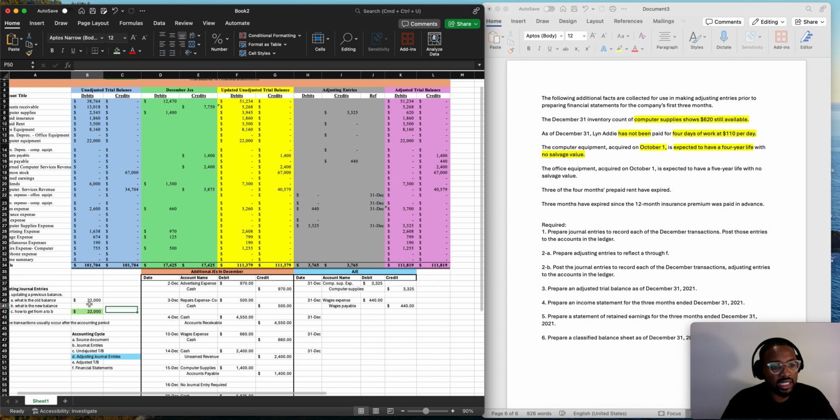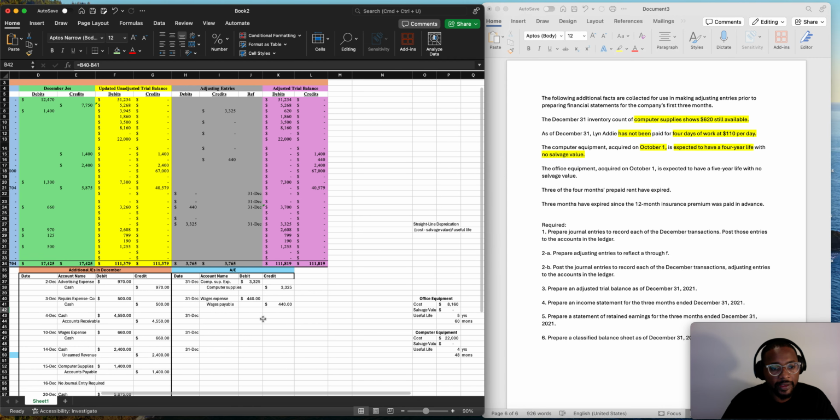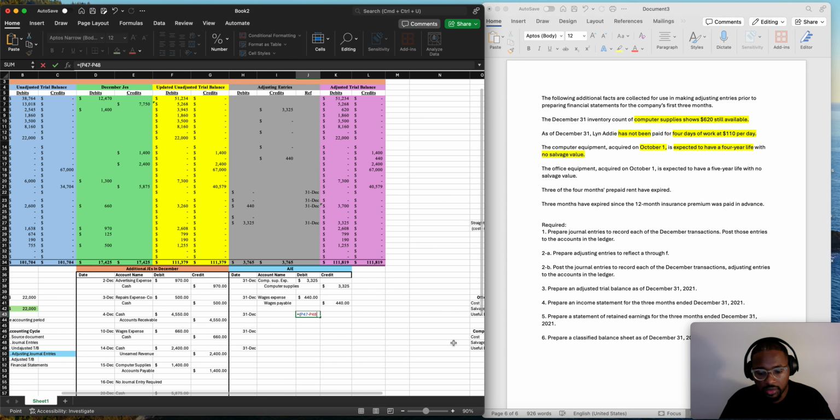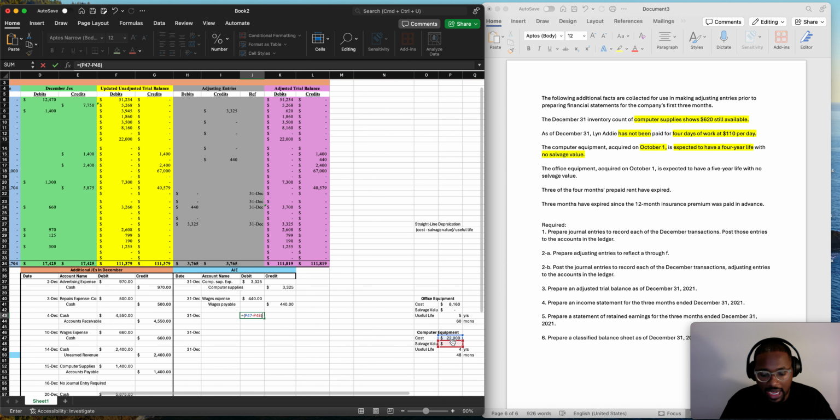So let's do our formula. It's going to be cost minus salvage value divided by useful life, which we're going to do in months and not years. So you see that we're doing it in months and not years. So that's going to give us $458.33. But we're not done here.